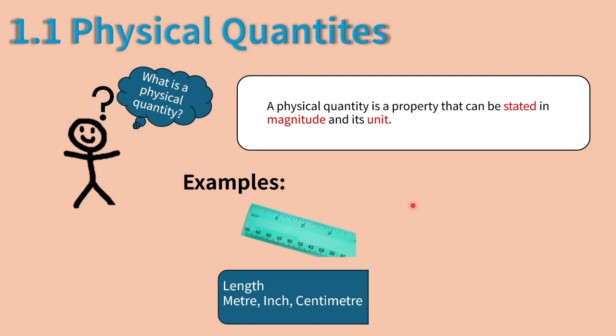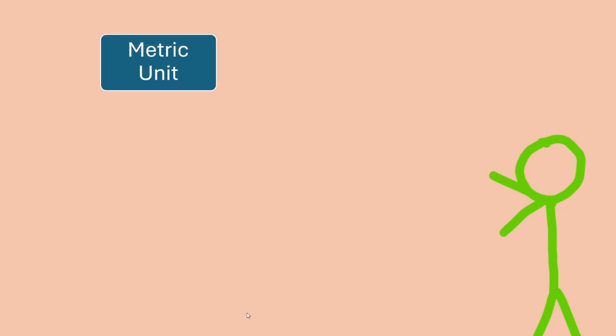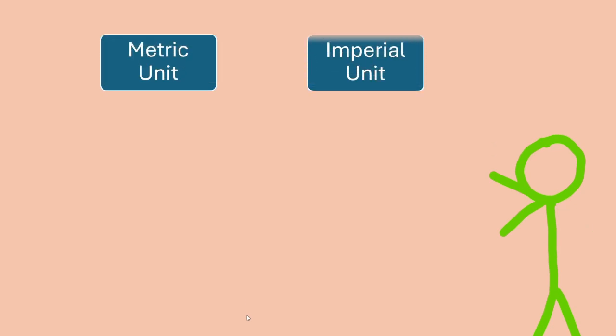Another example we have is the scale. This scale measures mass. This red ball weighs 1 kilogram. 1 is its magnitude, kg, kilogram is its unit. Now, we actually have two types of unit here, metric unit and imperial unit.